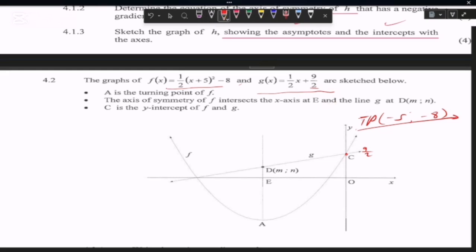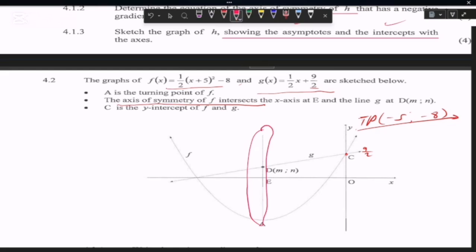Okay, so they say that A is the turning point of F. We've seen that already. The axis of symmetry of F intersects the x-axis. Let's go locate the axis of symmetry that they're talking about. They're talking about this line, the line that is the axis of symmetry of the parabola.